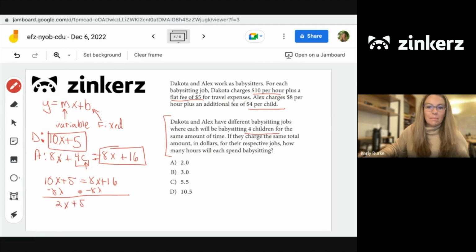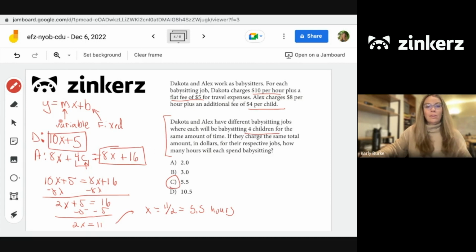What's the next step? Good, subtract 5 from both sides. And last, divide by 2. Which is 5.5 hours.